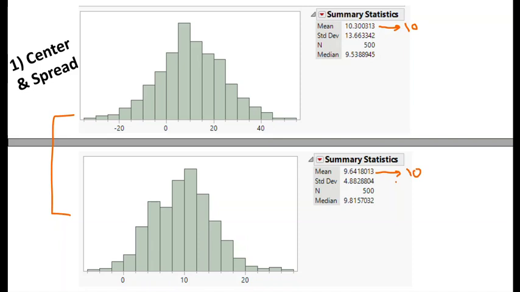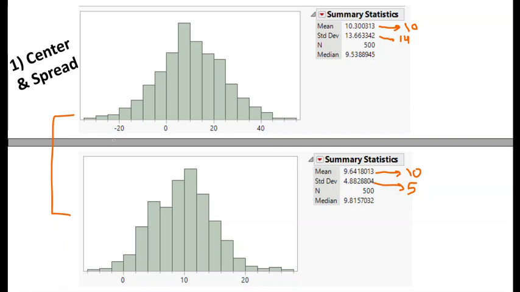However, look at the standard deviation value for both distributions, which basically represents the spread or the variability in the data. For the first distribution, it's about 14 if we round to the nearest integer. For the second one, it's about 5, right? So as you can see, although both distributions have the same center, they are completely different when it comes to the variability, right?